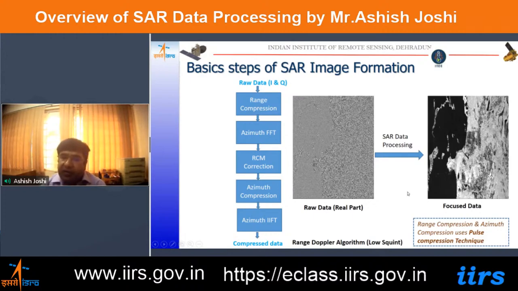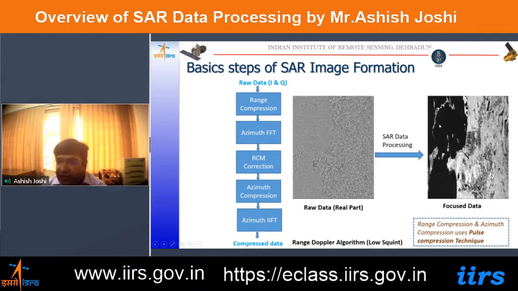Any SAR sensor, like PALSAR or RADARSAT, will provide data in either this form or this form. If the data is in this form, it is called level 1 data, so we do level 1 processing. But if we have level 0 data, then we have to do the raw data processing, and we have to do these steps on the raw data.